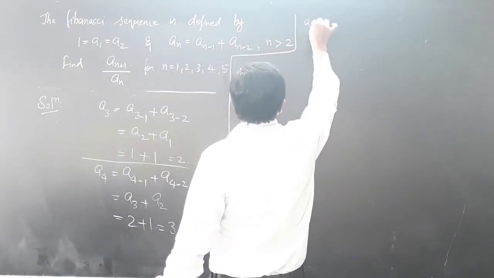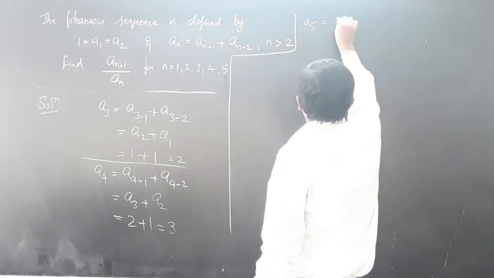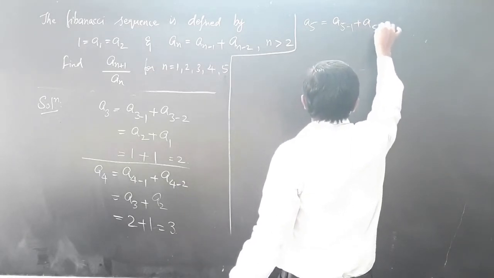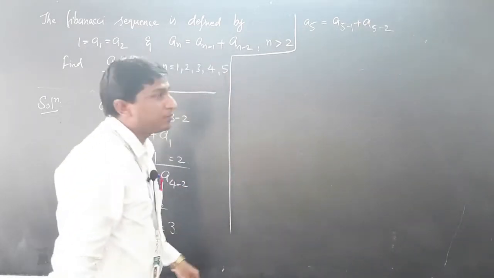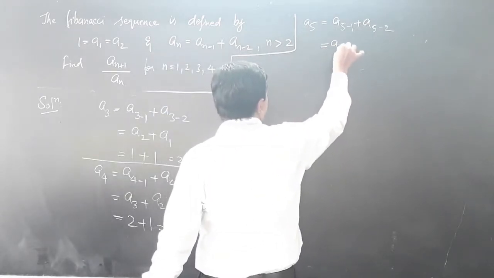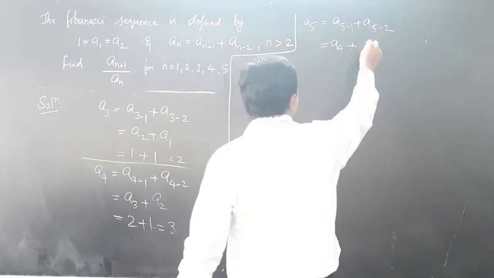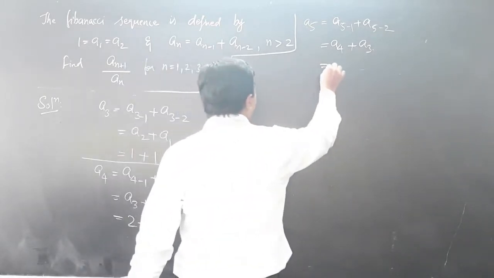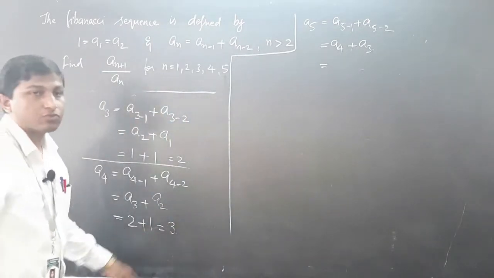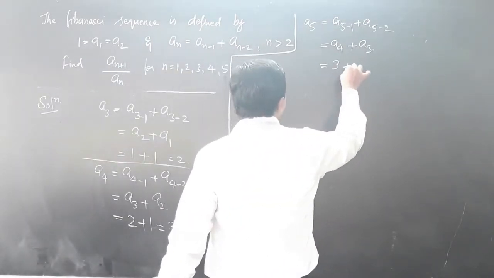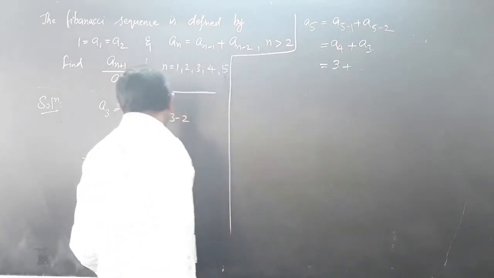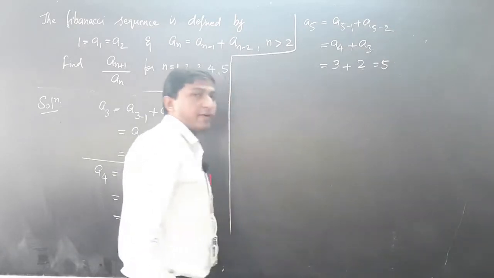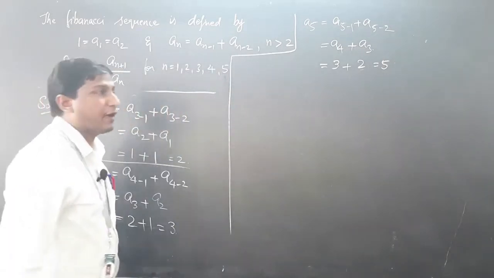Okay, A5. A5 minus 1 is A4 plus A5 minus 2 is A3. A4 is 3 plus A3 is 2. 3 plus 2 we get 5. So the fifth term is 5.